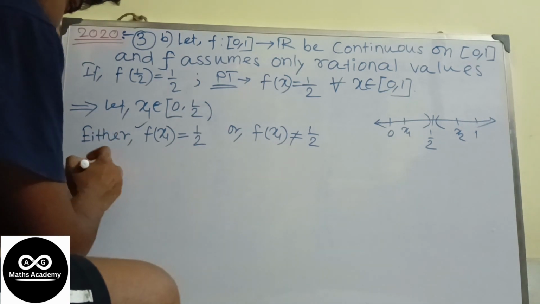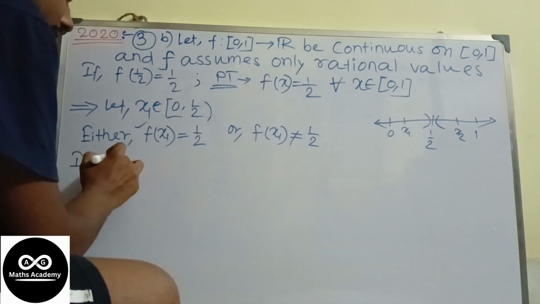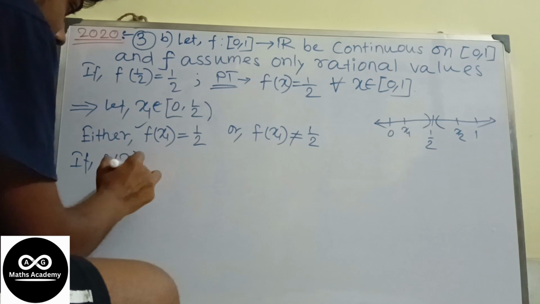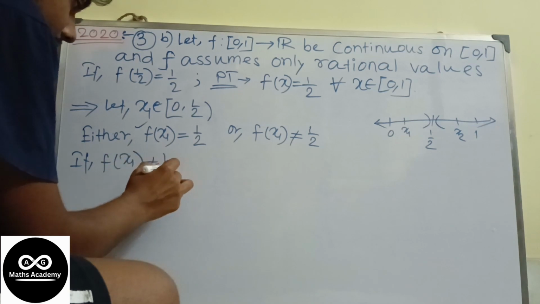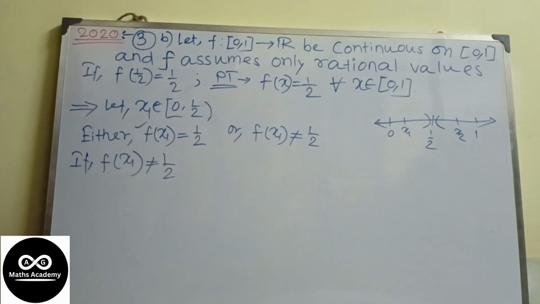If f of x1 is not equal to half, then what's going to happen?